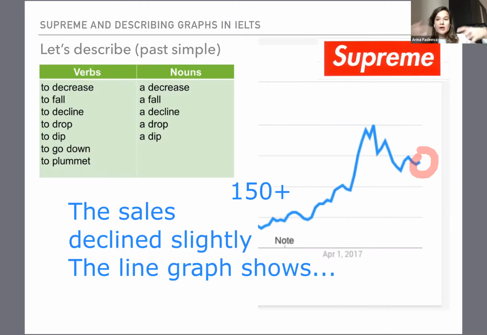Yeah, the more words you build into your sentence, the better. So learn to write longer sentences.